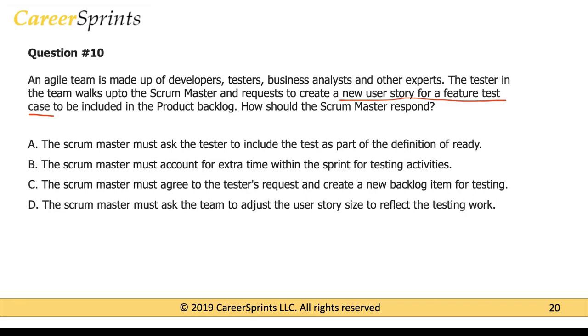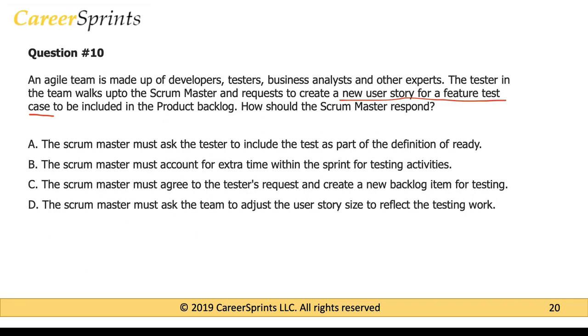So the definition of ready is used to check whether user stories are sprint ready, as opposed to the definition of done, which is used at the end of the sprint to check whether a story is complete or not. The test itself that the tester is writing will not be a part of the definition of ready.